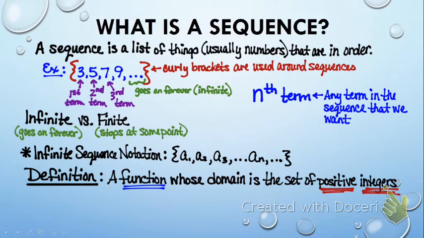It's the dividing line between the two. So when we say the domain is the set of positive integers, 1, 2, 3, 4, these are our counting numbers. The input can only be whole counting numbers.